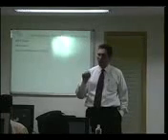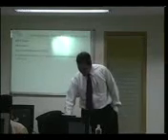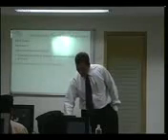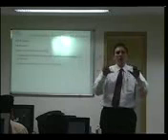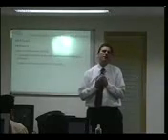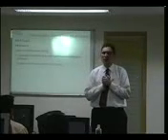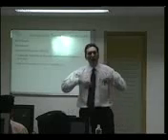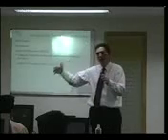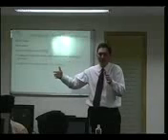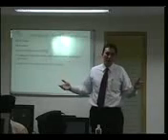PERM is the process for the Department of Labor where the employer shows the Department of Labor that they have tried to be fair to the U.S. workforce. They have tried to recruit U.S. workers to fill a position that they want to offer to a foreign national, an alien. But they were unsuccessful.